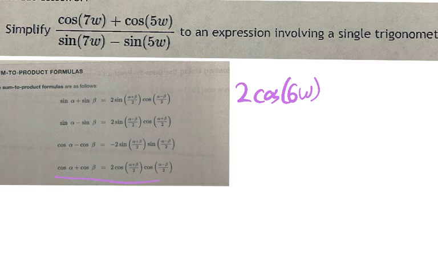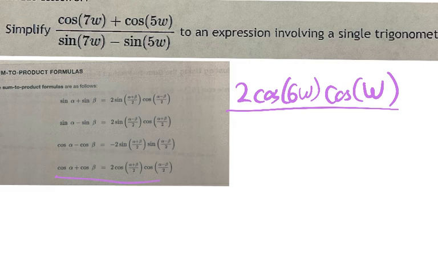Now the next part of this is cosine of alpha minus beta. So that would be 7 omega minus 5 omega, which is 2 omega over 2, which leaves me with just omega. So the numerator can be written as 2 cosine 6 omega cosine omega, which is a monomial, one term, much nicer to do math with.